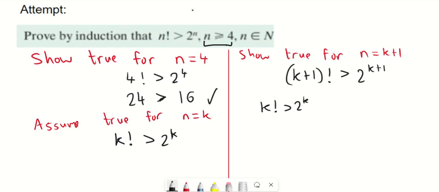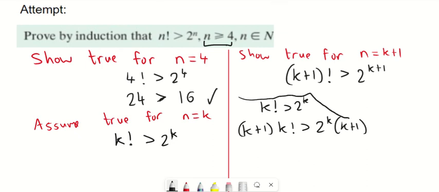So we know that straight away. So if I was to times both sides by k plus 1, so we've got that assumed there.